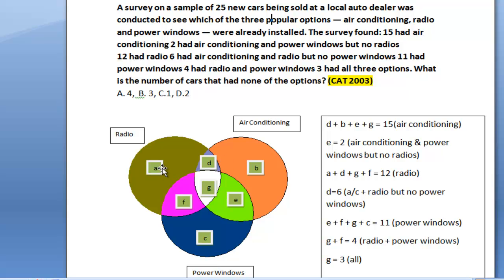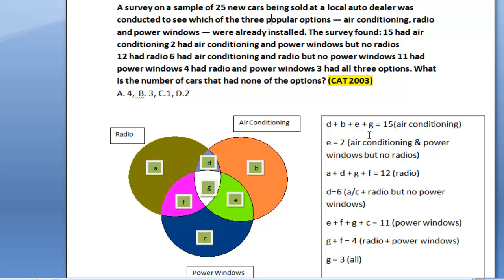A, B and C represent the areas which are only A, only B and only C. D represents those belonging to radio and air conditioning but not power windows. E says air conditioning and power windows but not radio. F says radio and power windows but not air conditioning. And G says the area which is air conditioning, radio and power windows.